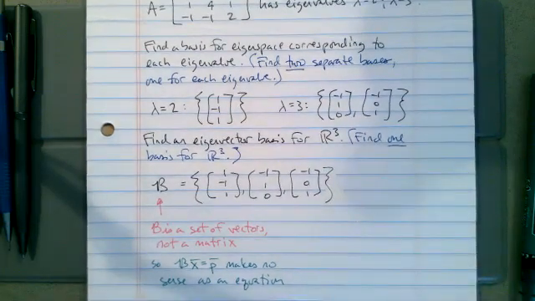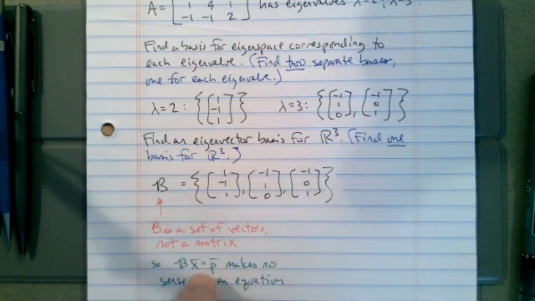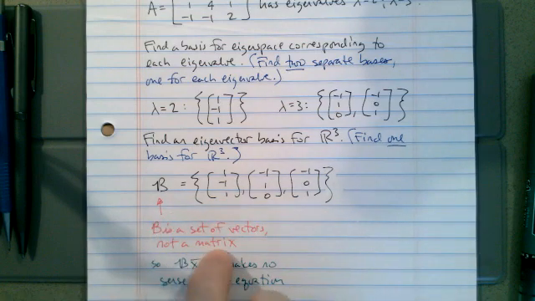It gets the point across, but when you write the letter B as the name of a basis, you can't use B as the matrix. So B is the name of a basis. B is a set of vectors, not a matrix. I can't put B into a matrix equation because B is not a matrix.